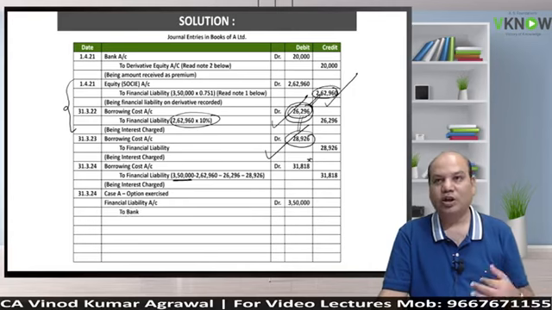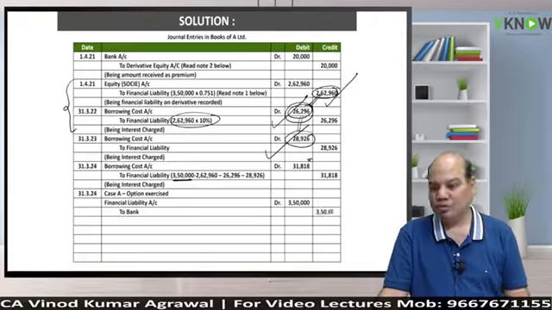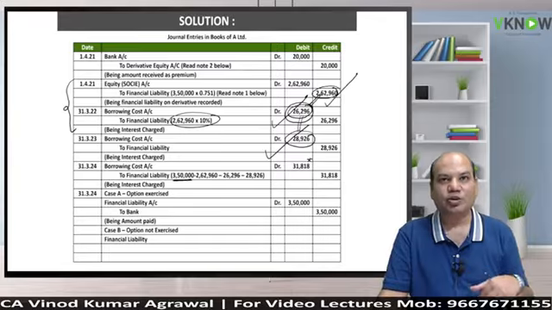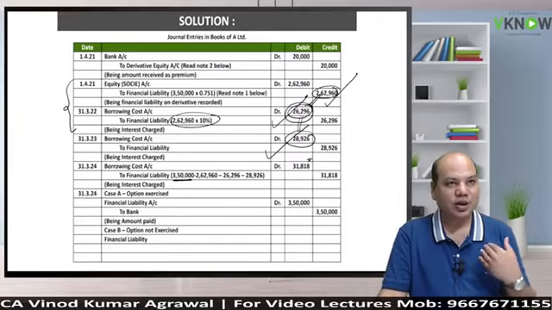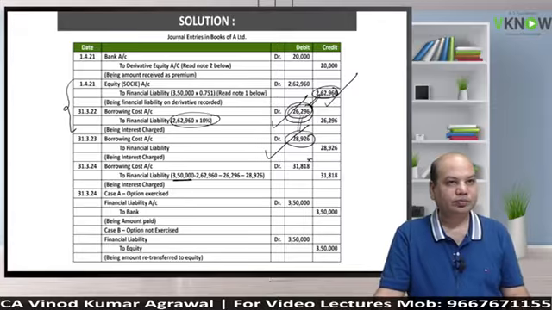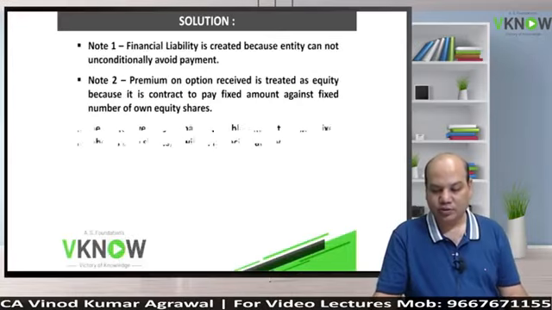So I have already created a financial liability to bank for that purpose. And suppose he does not exercise the option, then whatever financial liability is lying in my books is my gain, because I don't have to pay anything. That will be closed by transferring it to equity, 3,50,000. So this is not very important, you just have to go through it once. Okay.